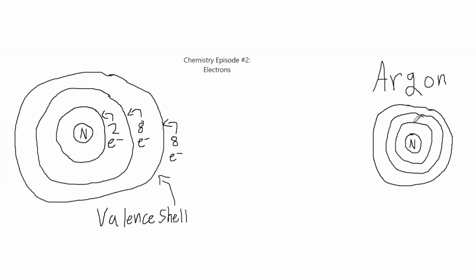Pause the video now and draw in the electrons on the first, second, and third shell. And remember, electrons work their way in to out, right? So the electrons are first going to fill up the first shell, then the second shell, then the third shell. So pause the video right now and try it for yourself.